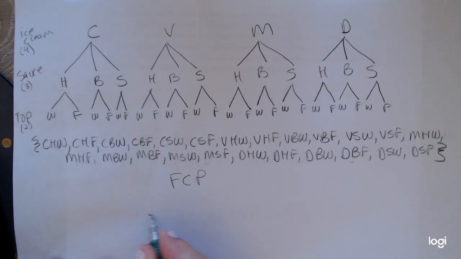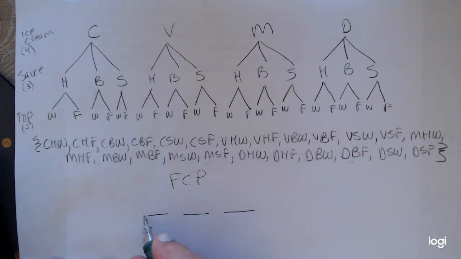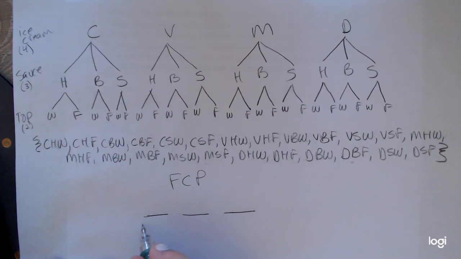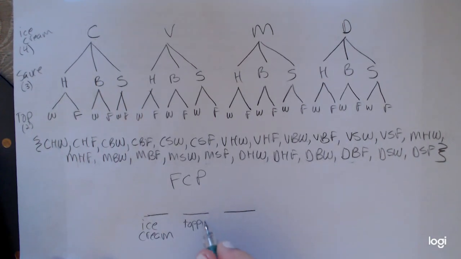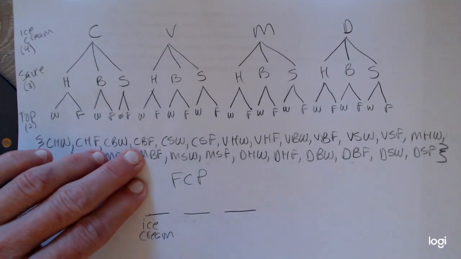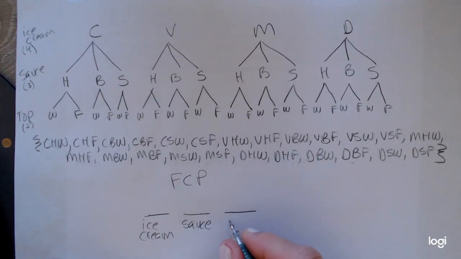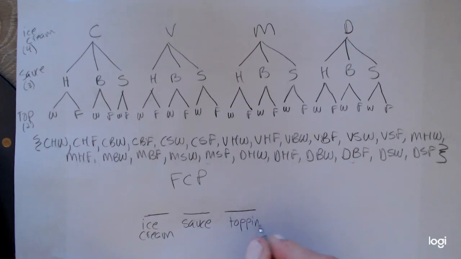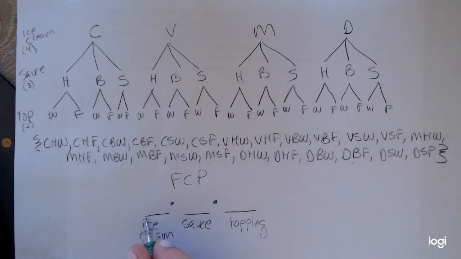So here I'm going to create 3 little slots because I'm actually doing 3 things. I'm choosing an ice cream, then I'm choosing a sauce, and then choosing a topping. And like I said, you multiply in between each of these individual events.